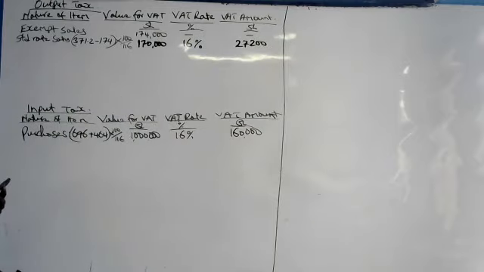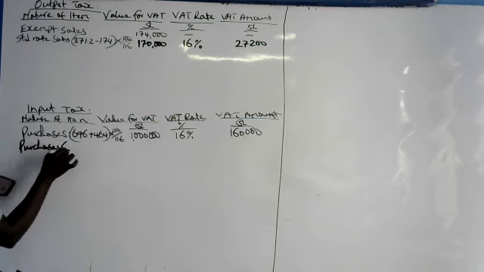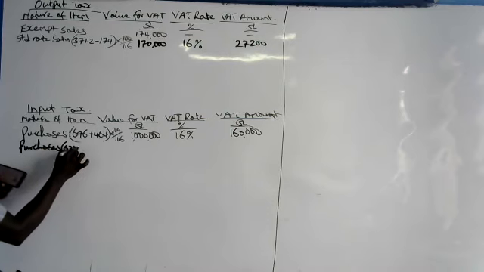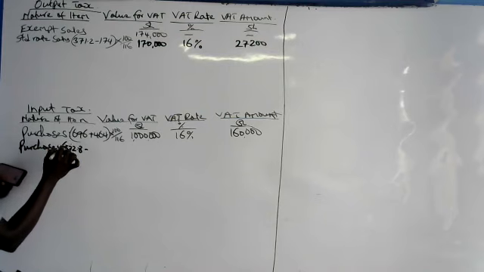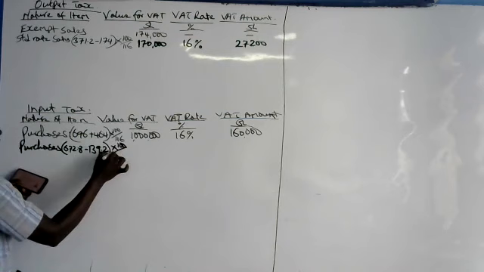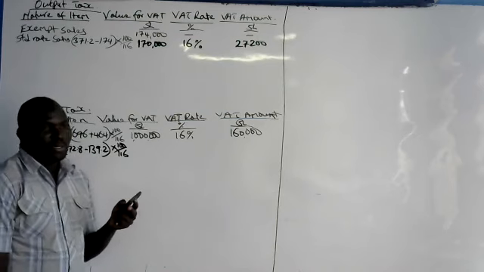Note number 3. Purchased goods of 672,800 from VAT registered business. However, goods valued at 139,200 were returned to suppliers. Can we have the purchases? So we just need the net purchases. 672.8 minus 139.2 times 100 over 116.